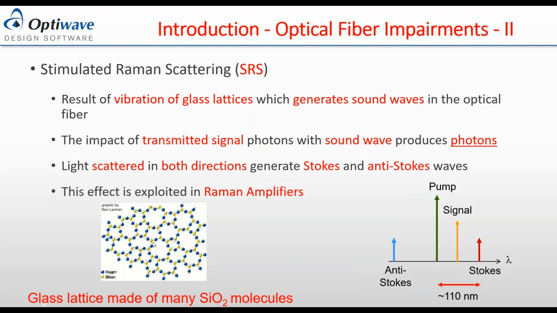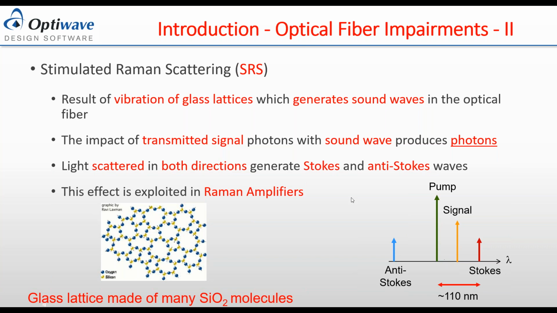When light propagates through the fiber, the light photons hit the sound waves, and the impact creates photons. These photons scatter in both directions in the stimulated Raman scattering effect. When they scatter in both directions, they generate what are called Stokes and anti-Stokes waves. In the optical fiber, typically these Stokes waves are about 110 nanometers away from the pump signal.